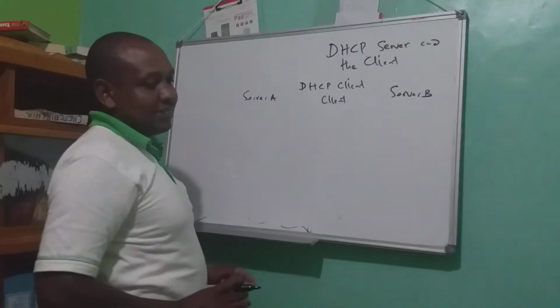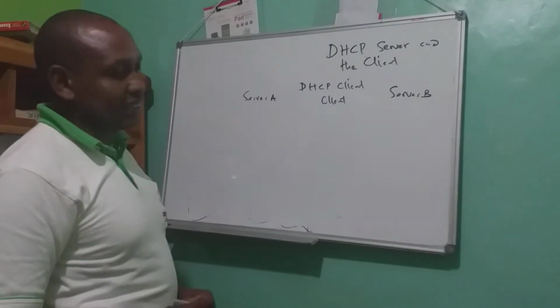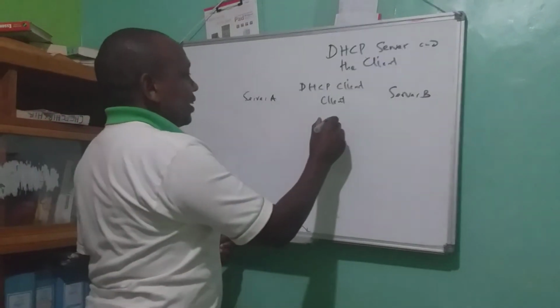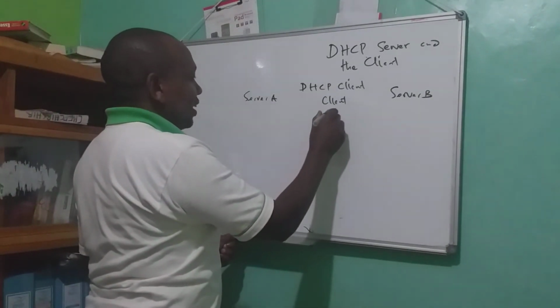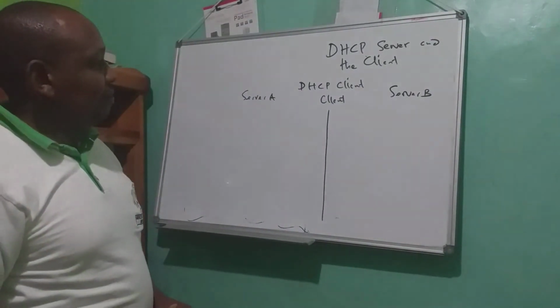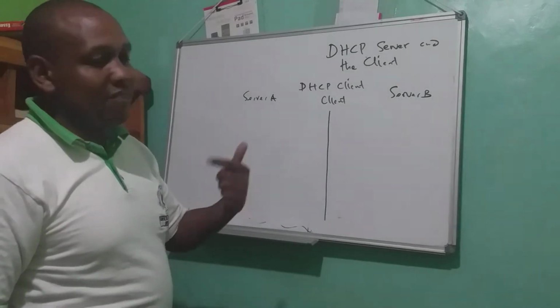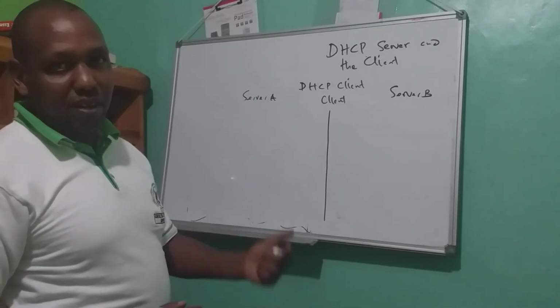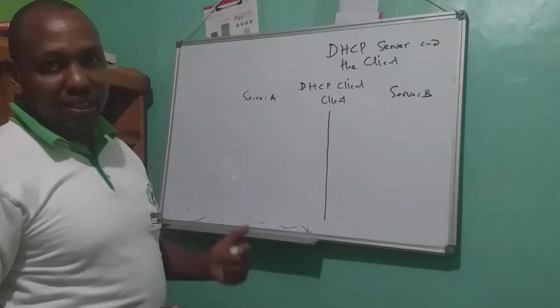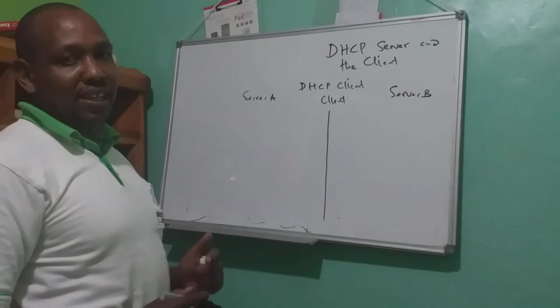When the client is connected to the local area network, the client will always broadcast messages. In fact, after every few seconds, the client always broadcasts messages. That's a DHCP client.